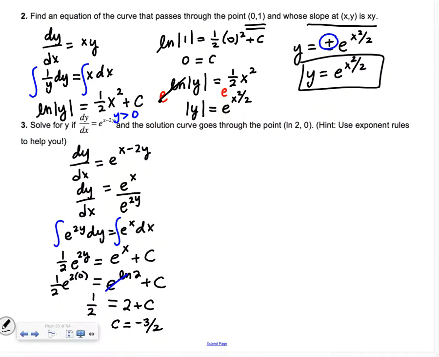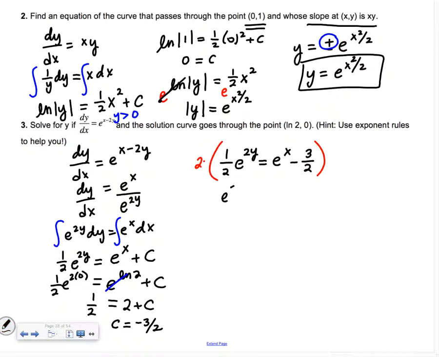So we put that all back in. So we have 1/2 e to the 2y equals e to the x minus 3/2. I plug in my c. All right, and I want to solve for y, so the first thing I'm going to do is multiply by 2 on both sides.